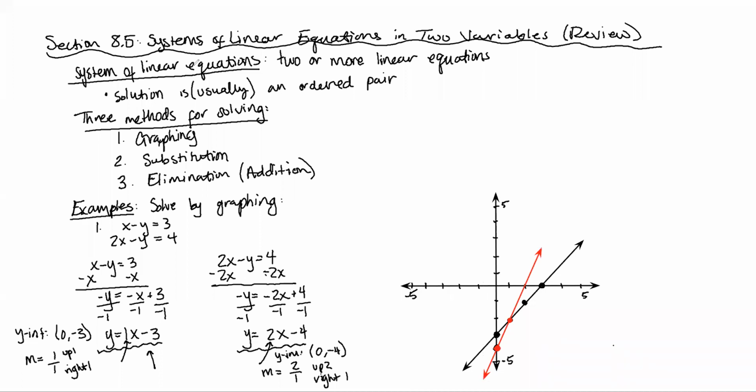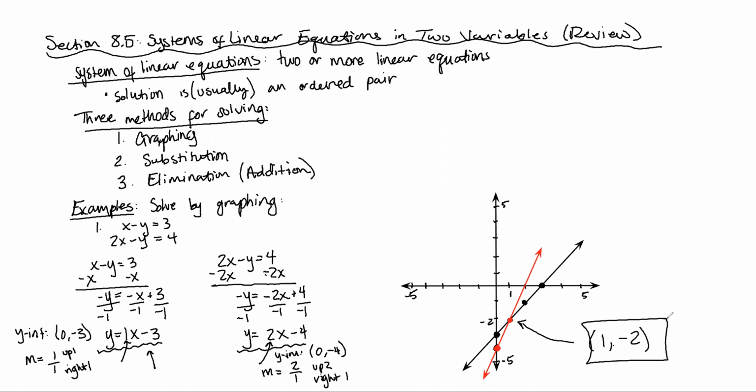Now, if we go ahead and look at our 2 lines here, we're looking for the point of intersection, which is this point right here, which means our solution, because we went over to the right 1, and this is at -2, our solution for the system of equations is the point (1, -2).